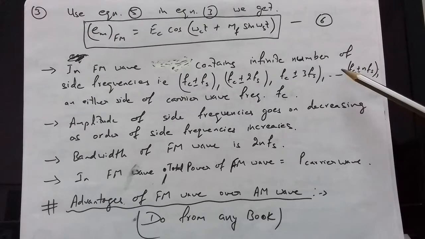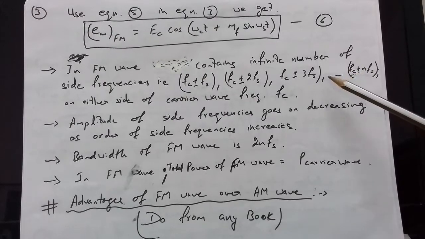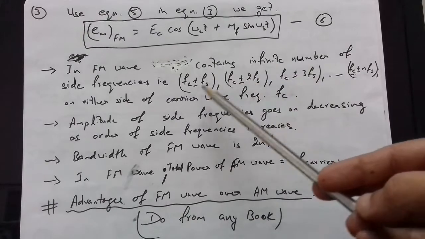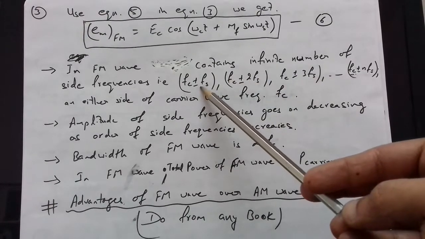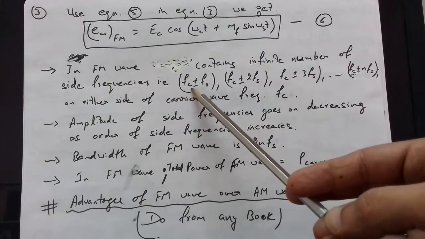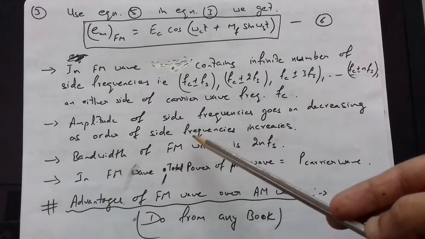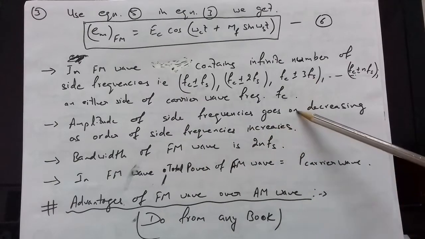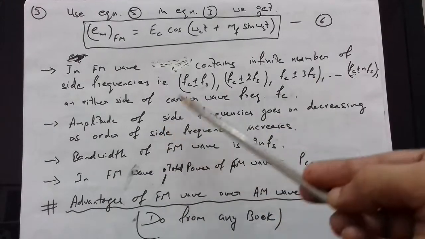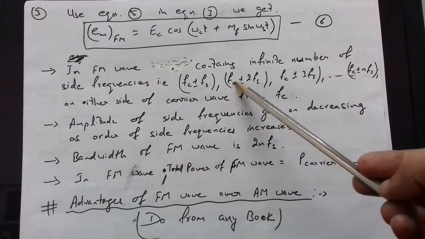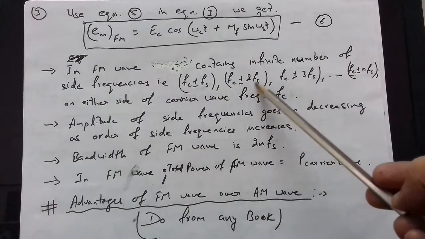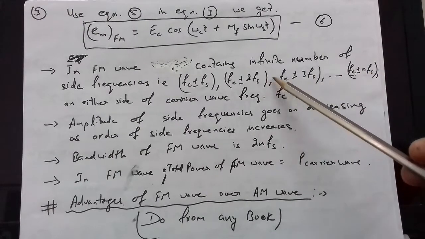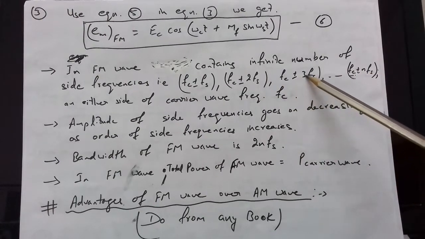In an AM wave, you know there were only two side frequencies: Fc plus Fs, and on the left side Fc minus Fs. Another point is that the amplitude of the side frequencies goes on decreasing with the order. As the order increases to 2Fs, 3Fs and so on, the amplitudes go on decreasing.